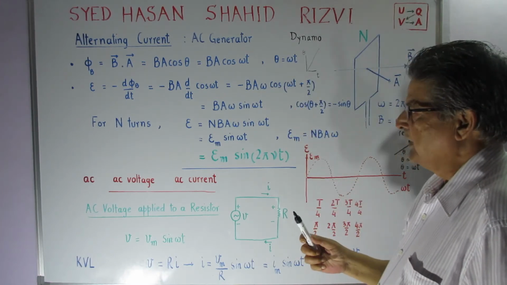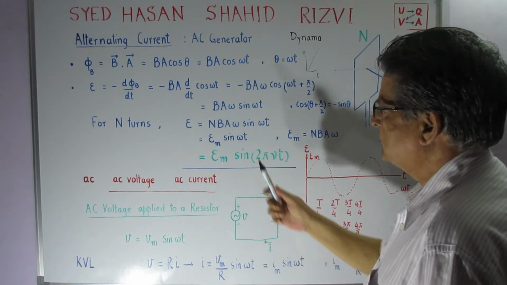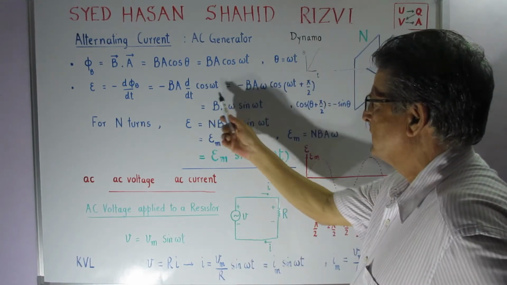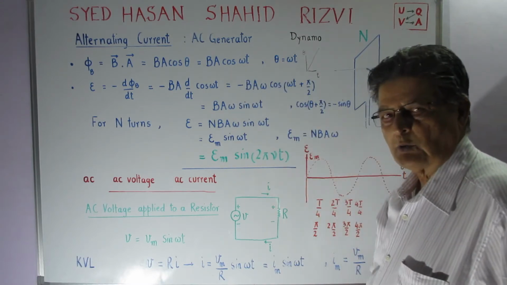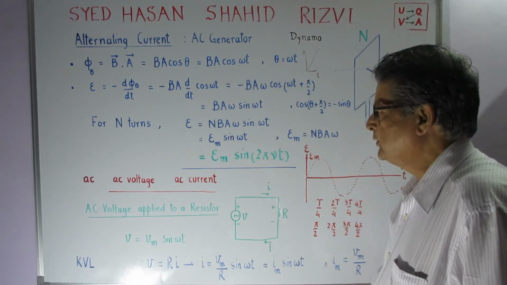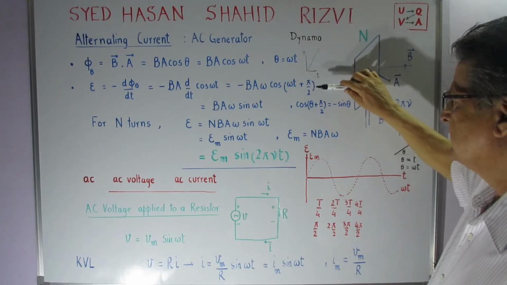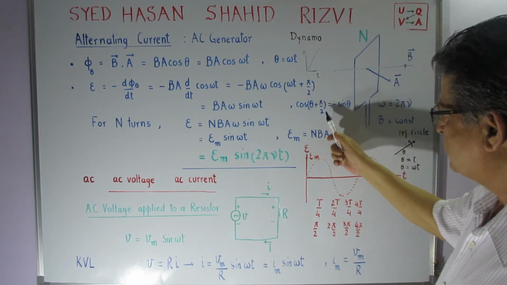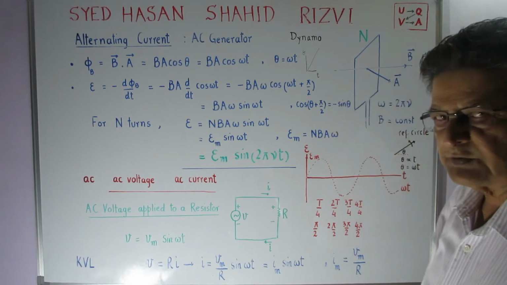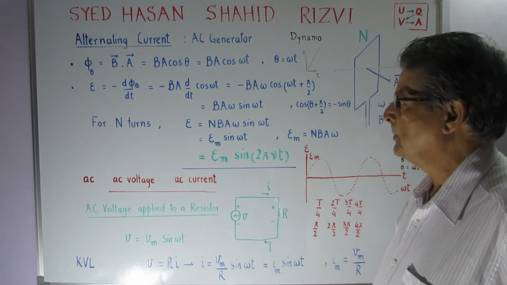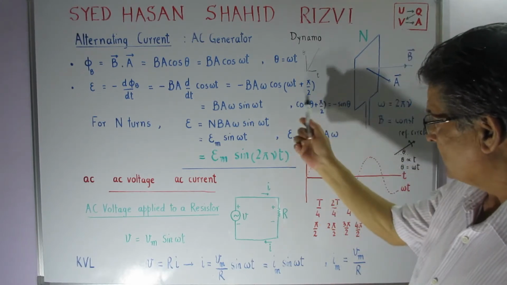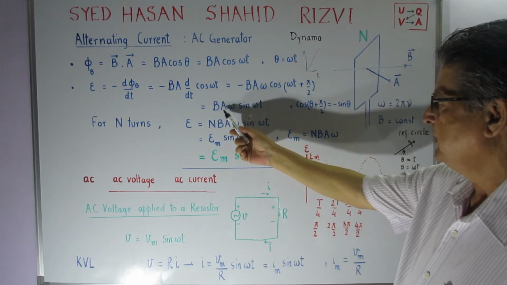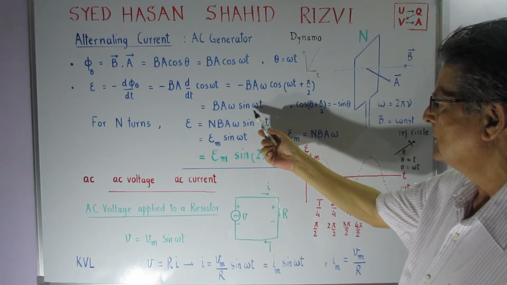What we have obtained is that cos omega t will become cos of omega t plus pi by 2. That is, the phase advances by pi by 2 radians. Now cos of theta plus pi by 2 is equal to minus sine theta. I told you this before also. So, because the minus sign is there, I'll write this as BA omega sine omega t.